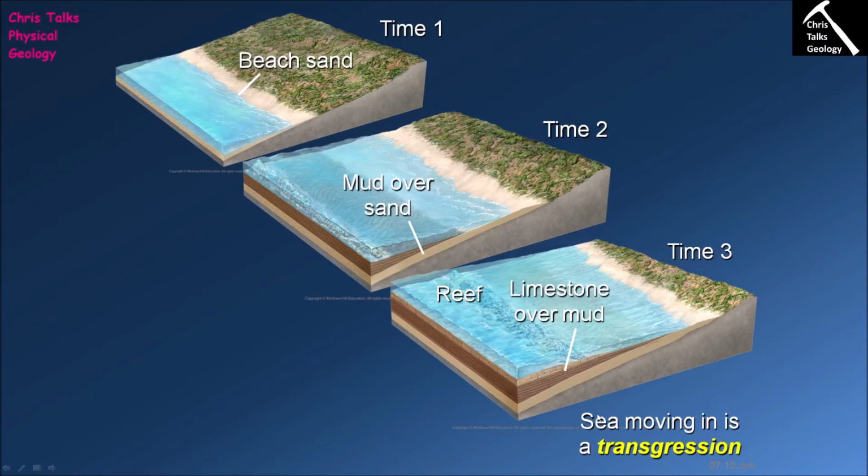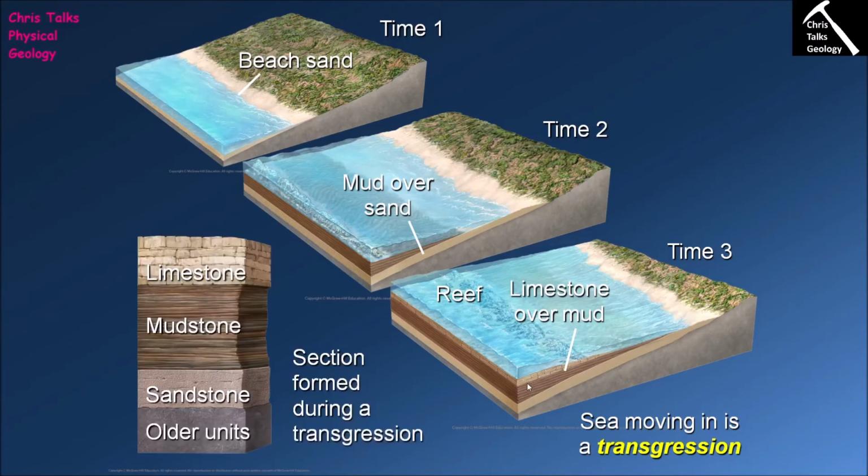So the sea moves onto the land, and as the sea moves onto the land, it takes these sandy areas, these muddy areas, and these carbonate-rich areas, and it moves the position of those zones relative to each other to the point where the zones start to move over the top of each other, creating different beds of rock. And so we can see the classic sequence associated with marine transgression is a sandstone at the bottom, followed by a mudstone, followed by a limestone.